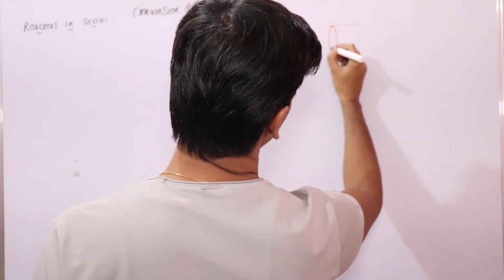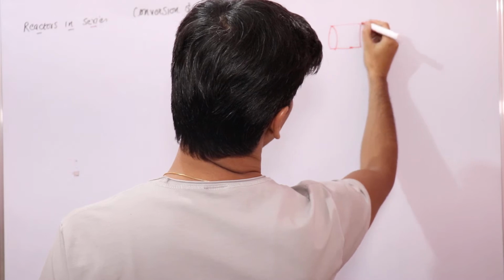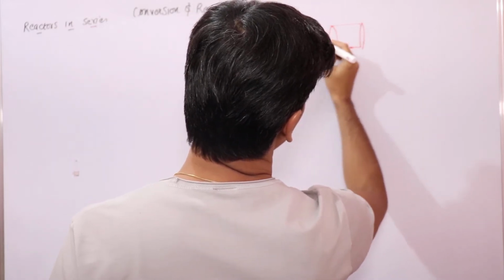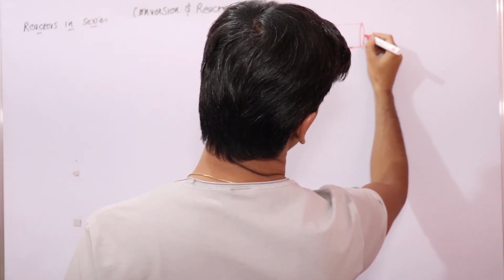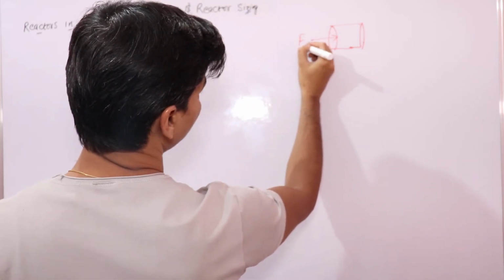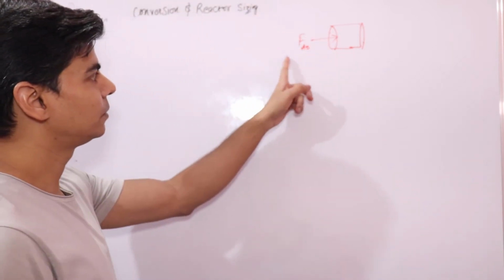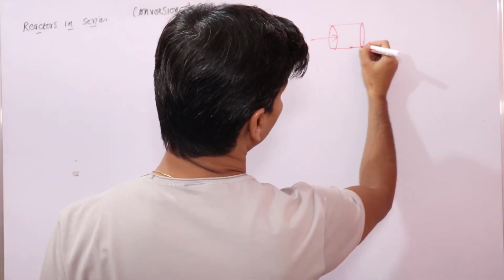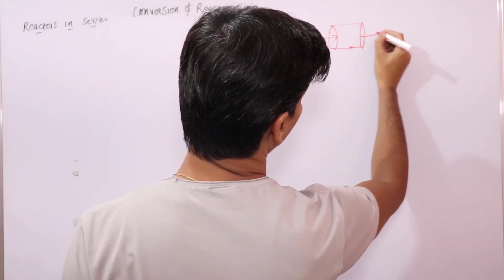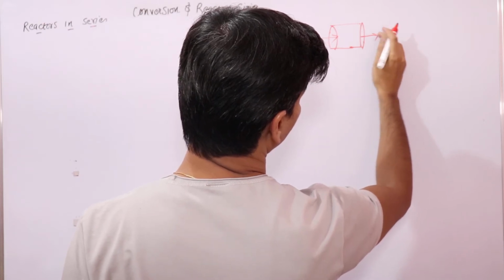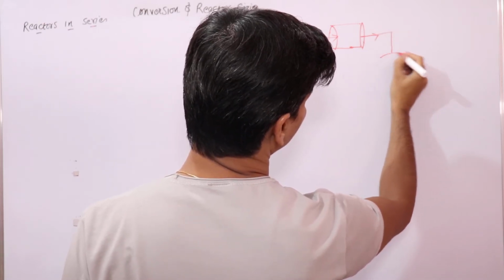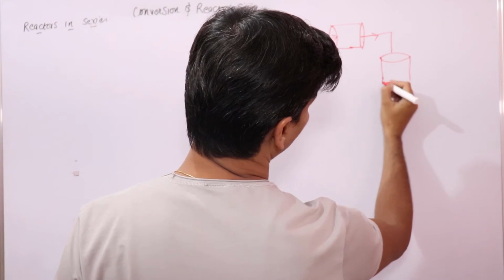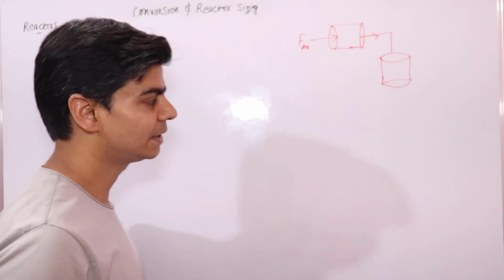So reactors in series are somewhat like this. If this is one reactor, and I initially feed the first reactor, what comes out of it is fed to the second reactor, which I have connected in series like this.